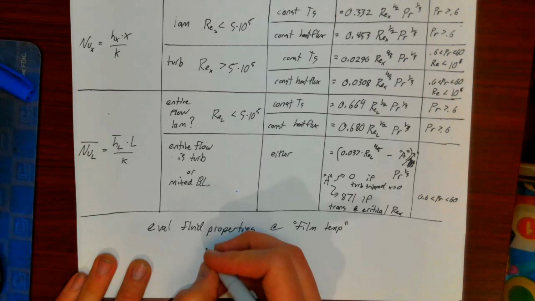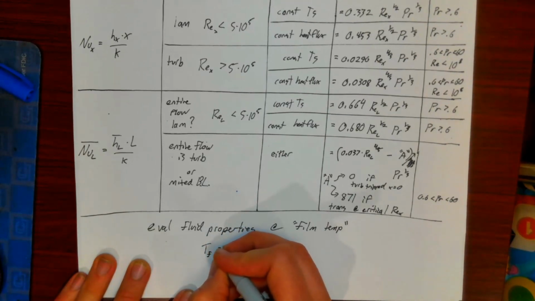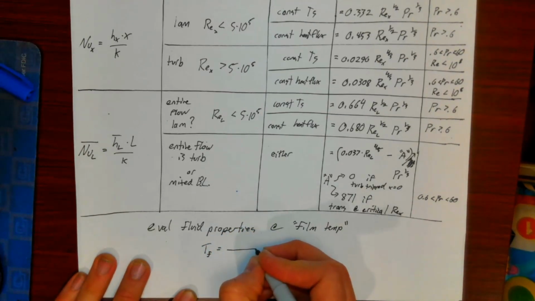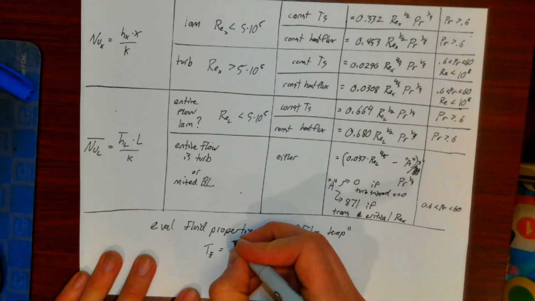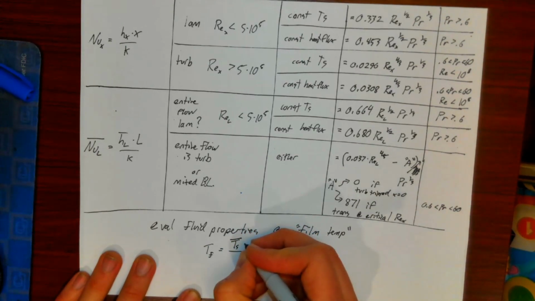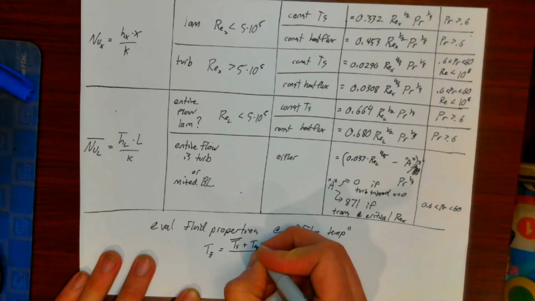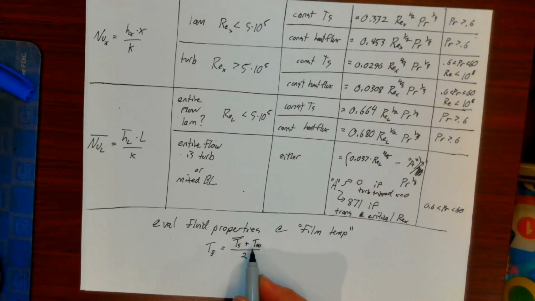And this film temperature, we'll call it T_F, is essentially an average of the average surface temperature and T infinity. So take your surface temperature, take your T infinity, add them up, divide by 2.